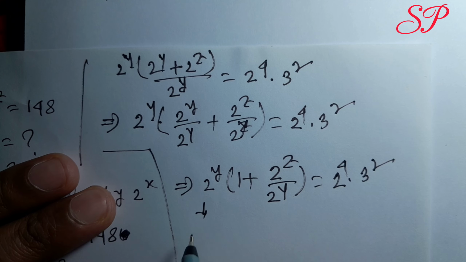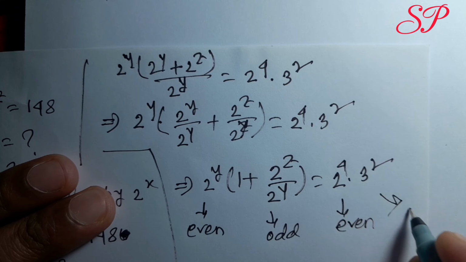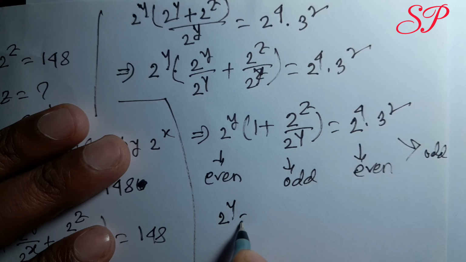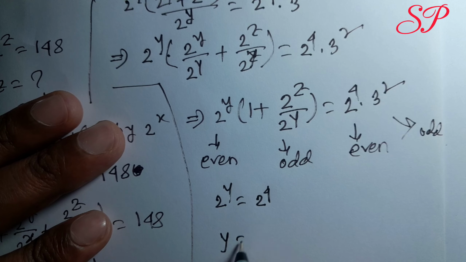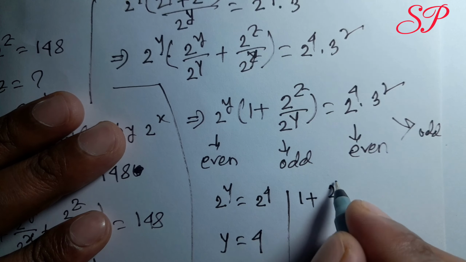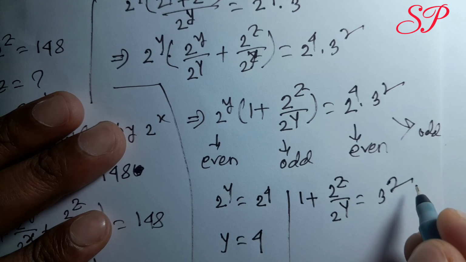Now here is even, here is odd, and is even and is odd. So 2^y is equal to 2^4, and base and power, so y is equal to 4. Then 1 + 2^z by 2^y is equal to 3 square.